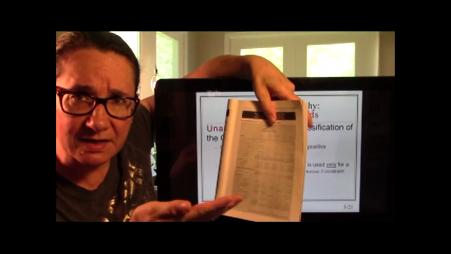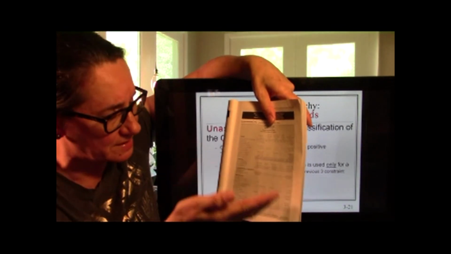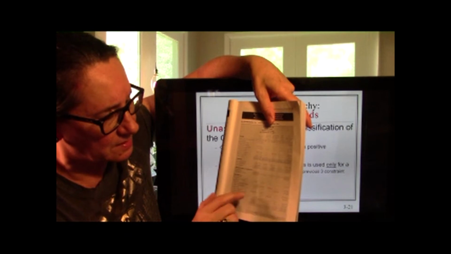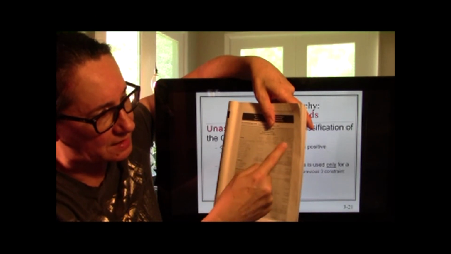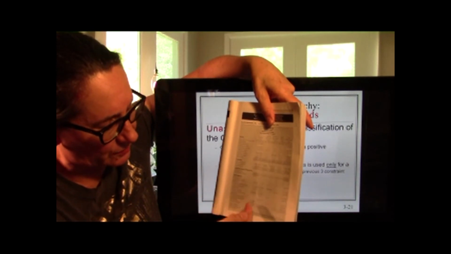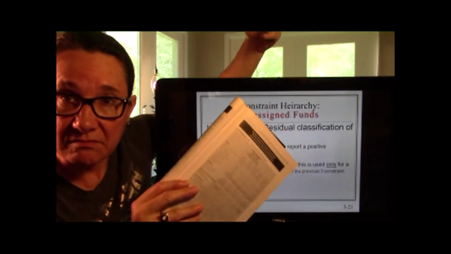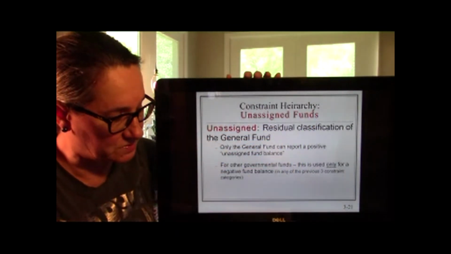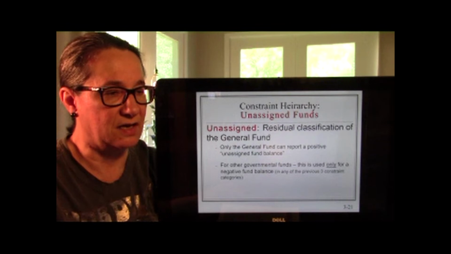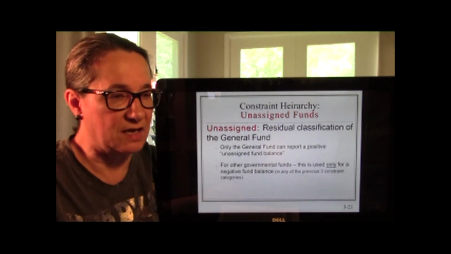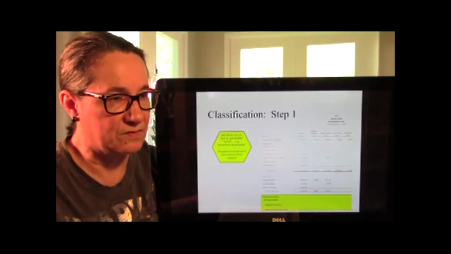We're spending money for a reason in those, so it's either committed or assigned or something. But if there's leftover money in one of these funds, it goes back to the general fund. They didn't use it. It goes back to the general fund and it becomes unassigned. So anything that's not constrained goes to the general fund.